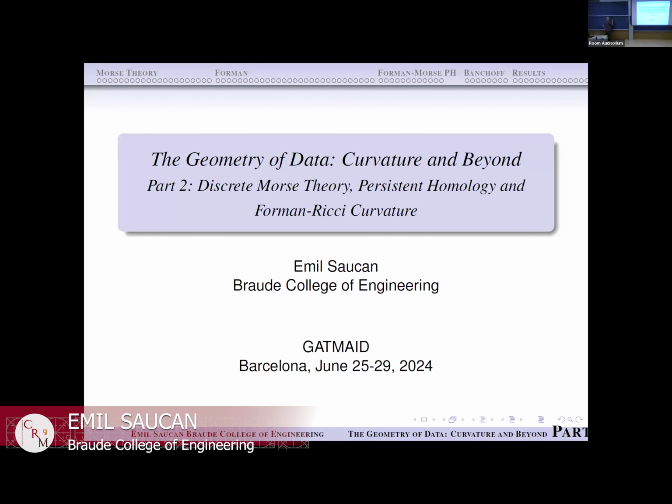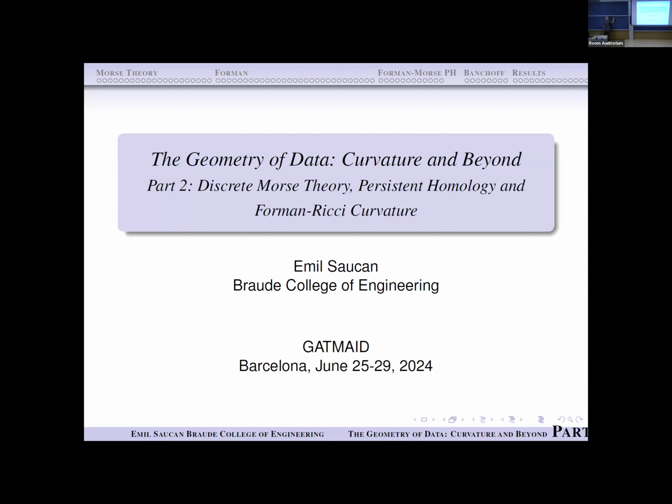Okay, so we talked about Morse theory yesterday, as you can see. And we did it classical Morse. Then we did it discrete, or combinatorial more properly.